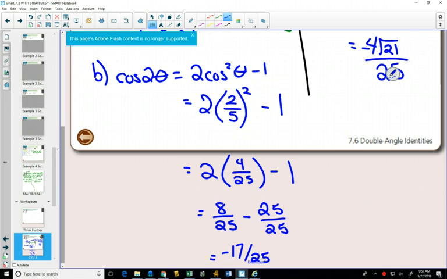Two theta, is it in quadrant 1, quadrant 2, quadrant 3, or also in quadrant 4? And why is it in quadrant 3? Yes. Sine of 2 theta was negative 4 root 21 over 25. Cos of 2 theta was negative 17 over 25. They're both negative, so we know that it is in quadrant 3.